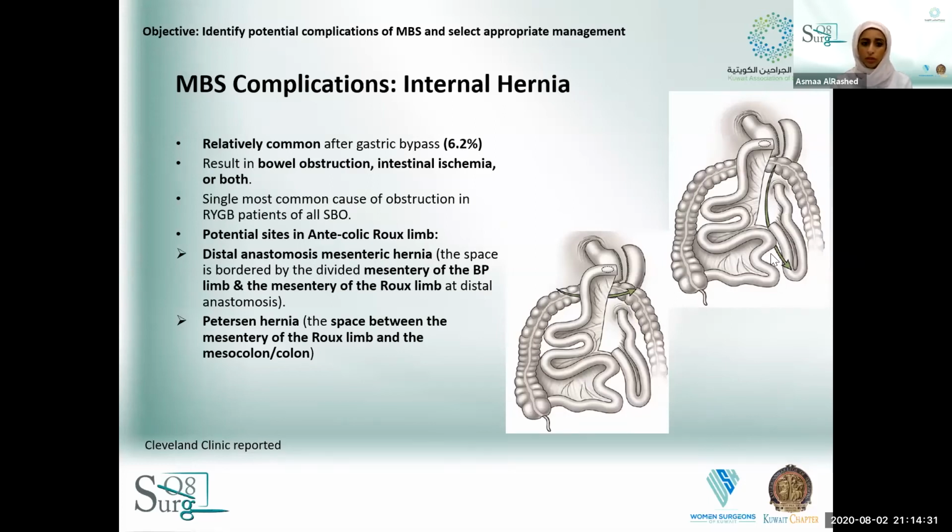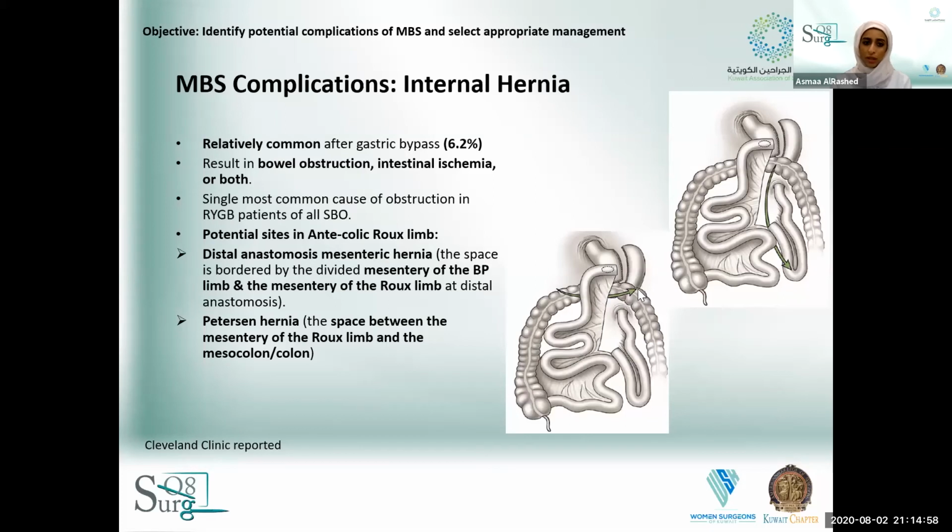If you look here, for example, you have the distal anastomosis area between your JJ, where the arrow is coming. I don't know if you can see my pointer, but that is one of the spaces that can occur in the antecolic and the retrocolic. And then the other space will be here, right behind your limb, between the mesocolon as well as your limb.